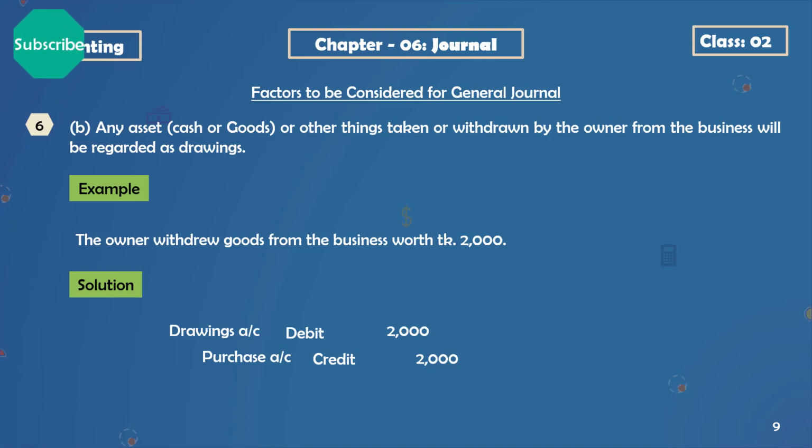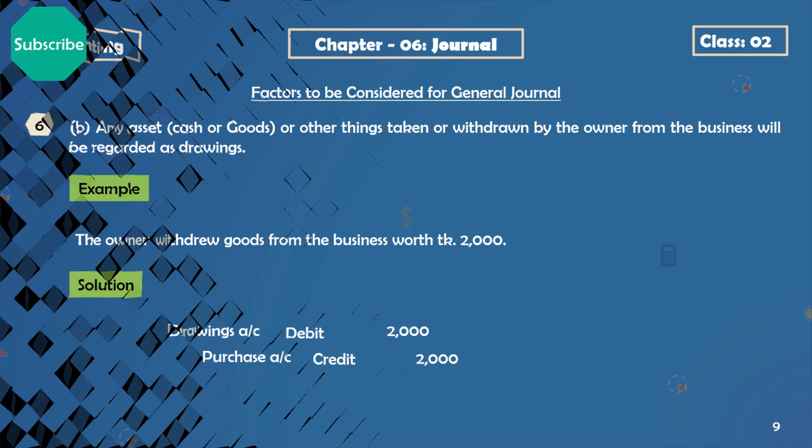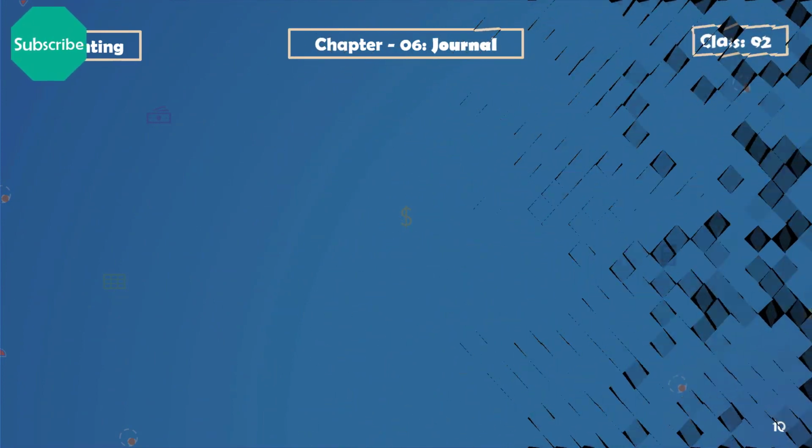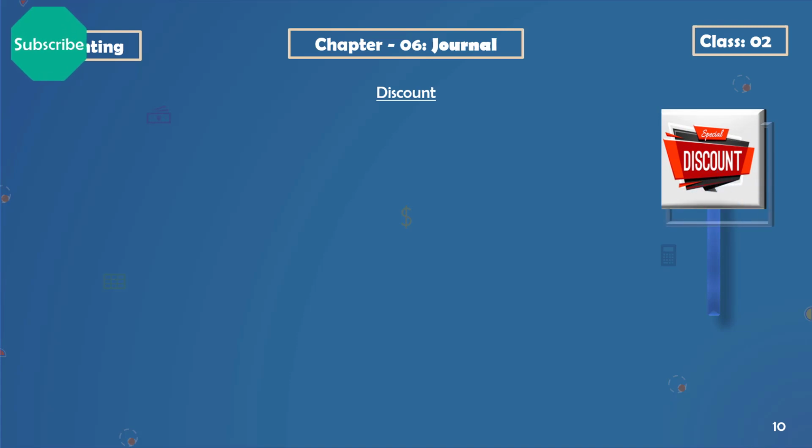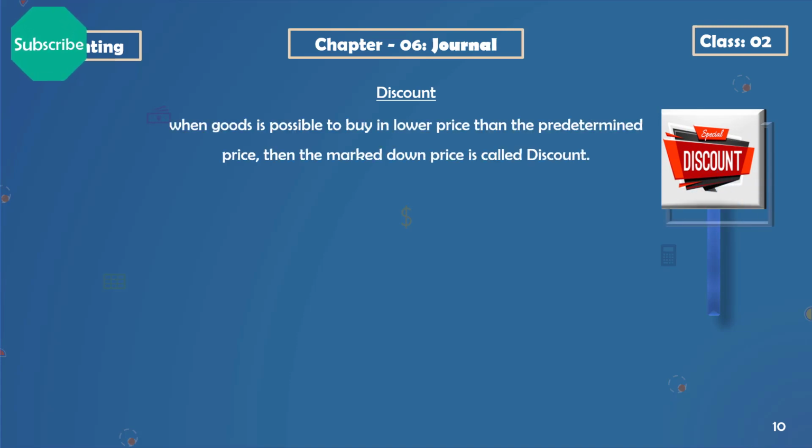Let's move on to the next. Okay, so discount, our desired one, very important. Let's know what is discount. Here is a discount board in a shopping mall, right? So when it is possible to buy goods at a lower price than the predetermined price, that means the price tag.